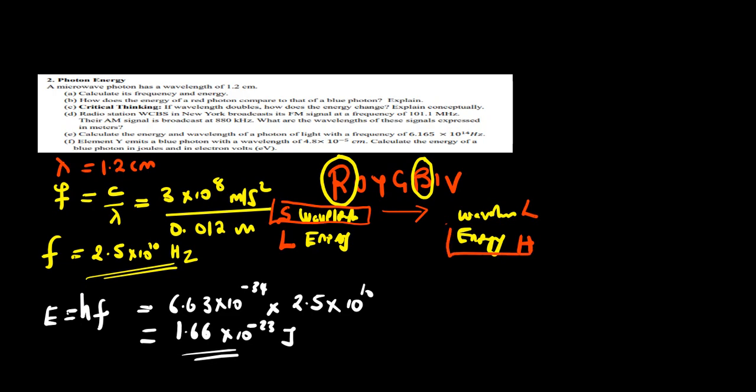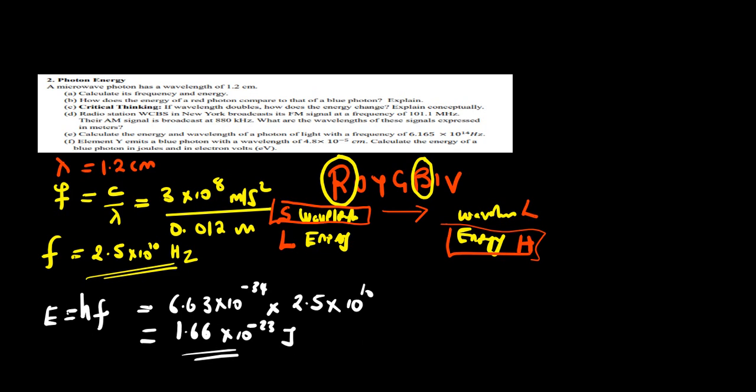Blue light will have high energy. Why do they have high energy? It's because of the wavelength that we've just talked about, and energy is directly proportional to the frequency of these waves. That is worth mentioning.